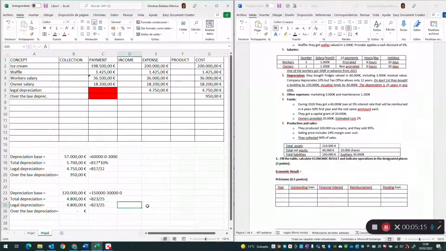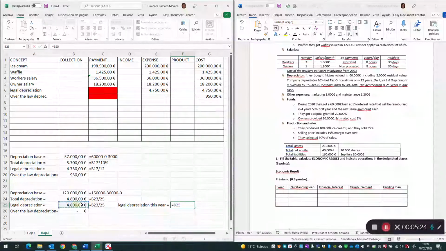So legal depreciation this year is going to be this depreciation for a full year, but we're going to use the building how many months? Let's count. April, May, June, July, August, September, October, November, and December. It's going to be 9 months. So we're going to multiply by 9 and divide by 12. And this is going to give us the amount for this particular year.